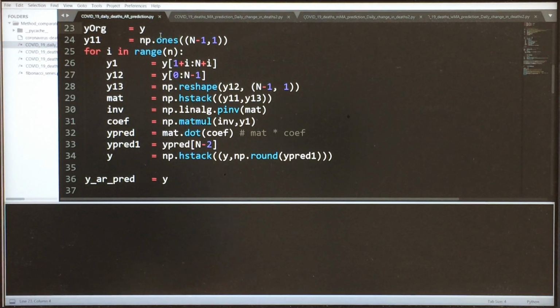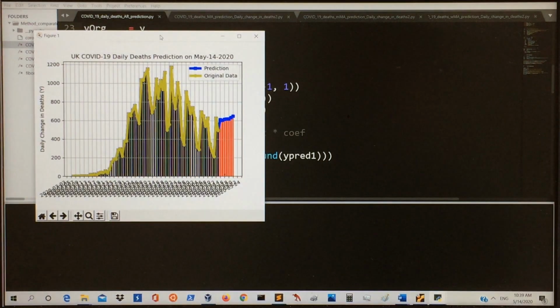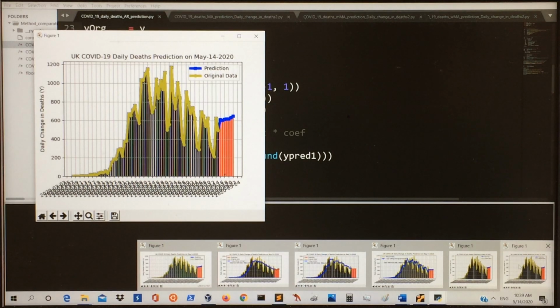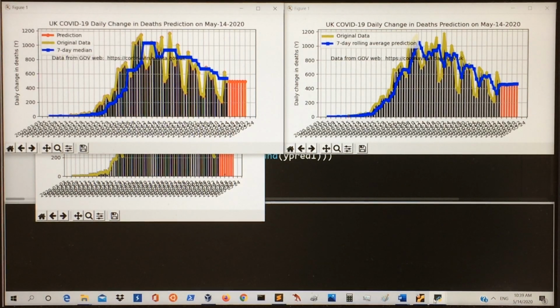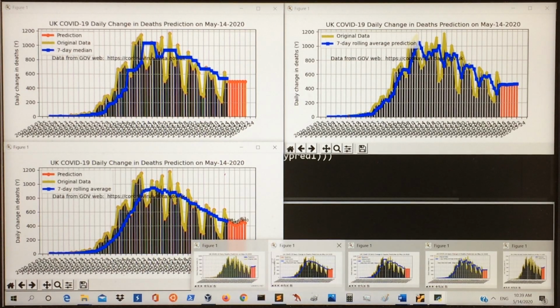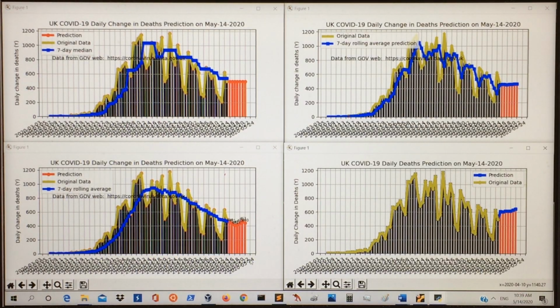Now, to get the picture out, I'm going to shut that down, and then as I get the pictures out, for the top left, this is rolling or moving, however you want to call it, median. The black bar and the yellow line for all of them is the original data.